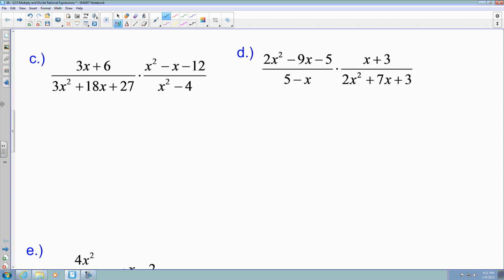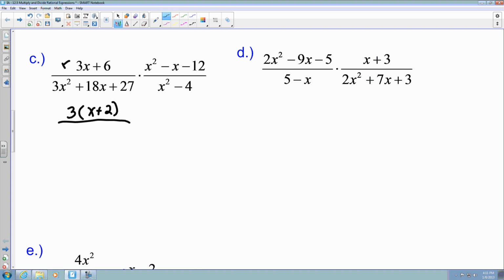So I'm just going to look at the 3x plus 6. Those values can be factored out, they have a 3 that factors out of both of them. So I'm going to rewrite this as 3 times the quantity x plus 2. Now if I look at the denominator, I can factor out a 3 in that as well.